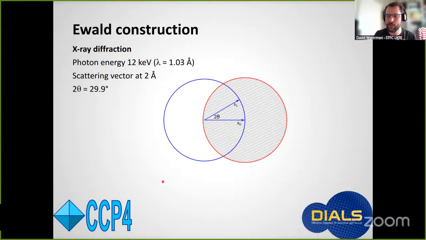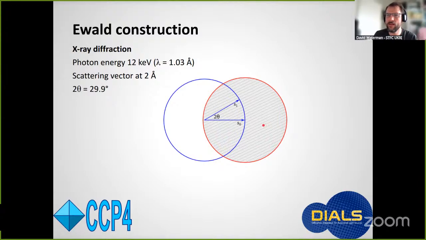But data processing people like me like to think in terms of reciprocal space rather than real space. So here is the description of the diffraction geometry in reciprocal space using the famous Ewald construction. For X-ray diffraction, we've got a reciprocal lattice, which is this gray mesh, and that extends out to some resolution limiting sphere, which I've marked in red.